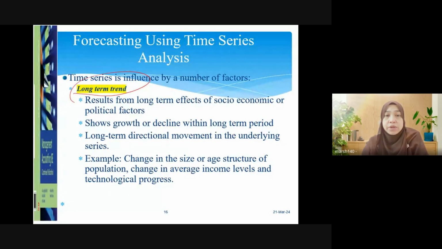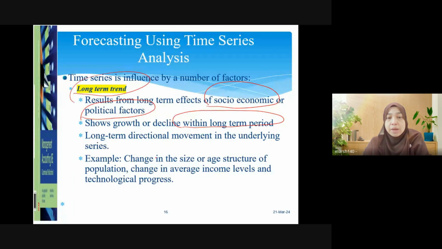Long-term trend results from long-term effects of socio-economic or political factors. So it shows growth or decline, increase or decrease in your forecast data within a long-term period.